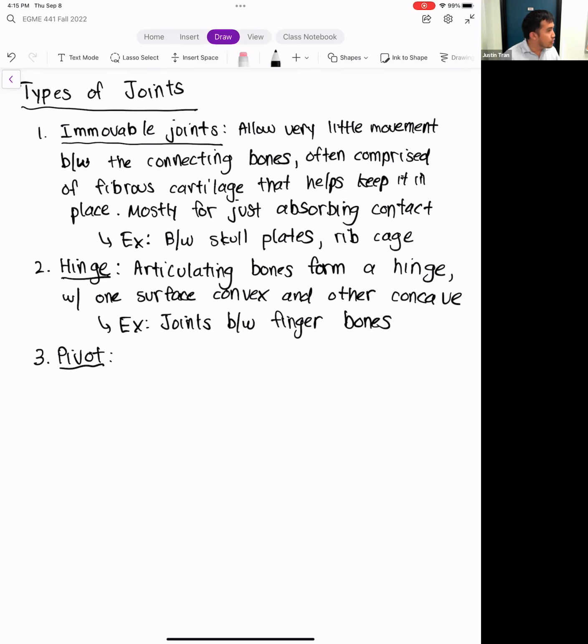A good example of a pivot joint would be like your wrist. Your wrist is actually more complex than just that. Your wrist can have hinge motion as well, but your wrist can also rotate like a pivot. Okay. So your wrist is quite complex, but it's also considered a pivot joint. Okay.